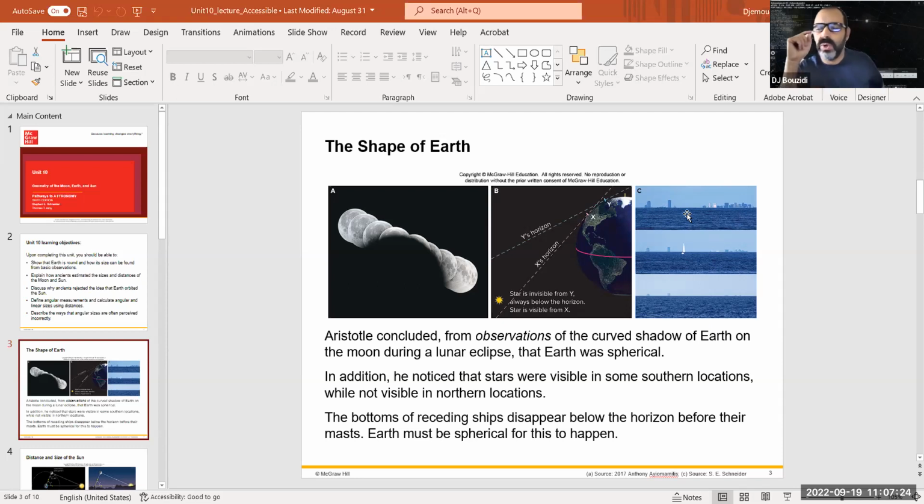The other observation is about stars that are seen at certain locations. As you travel south or north, you're going to miss stars, or you're going to see stars that you didn't see before. Stars you used to see disappear, and stars that you didn't see appear. Why? Because those fall below your line of sight as it passes through the horizon, and new ones that you didn't see before appear above the horizon.